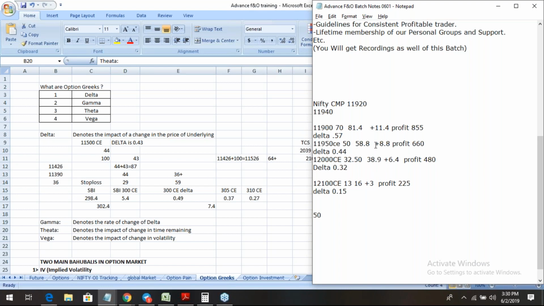And if you bought and Nifty goes up and your premium goes to 60 rupees, you have earned 10 points. How much money have you earned? 750 rupees. How much profit have you earned?